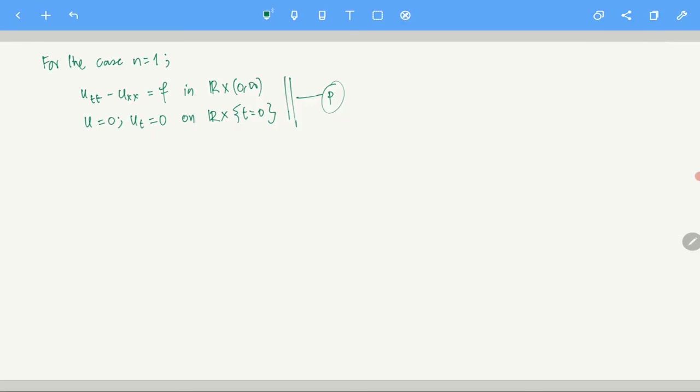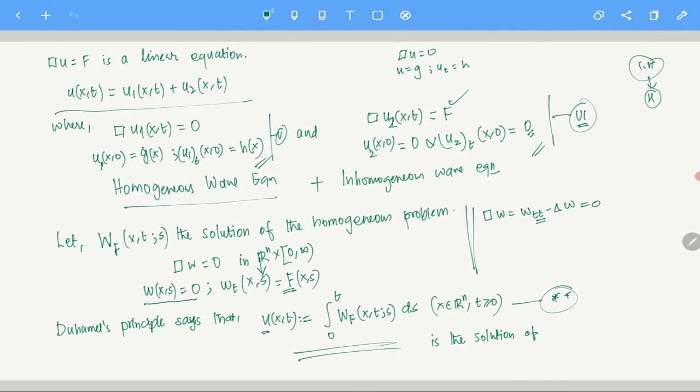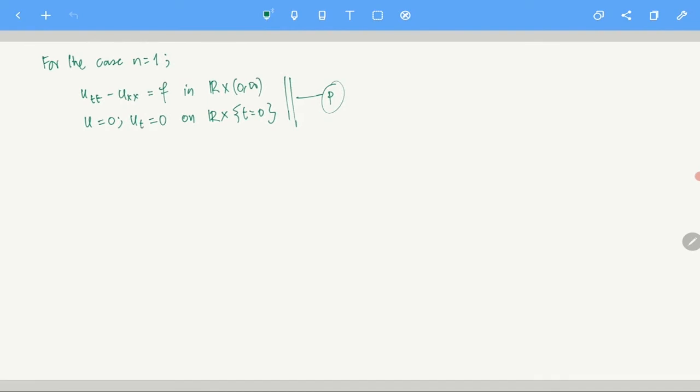Now you know that the exact same thing which we did for this case, the problem P can be divided into two parts, 4 and 5. Exactly like this we can do it. Yes or no? Yeah, you can do this part. So exactly what am I trying to say? Let me write it properly, and then maybe it will be a little less confusing. Okay, so let's say this is g, that is h. If I have to solve this problem P, I can break it up into two parts.